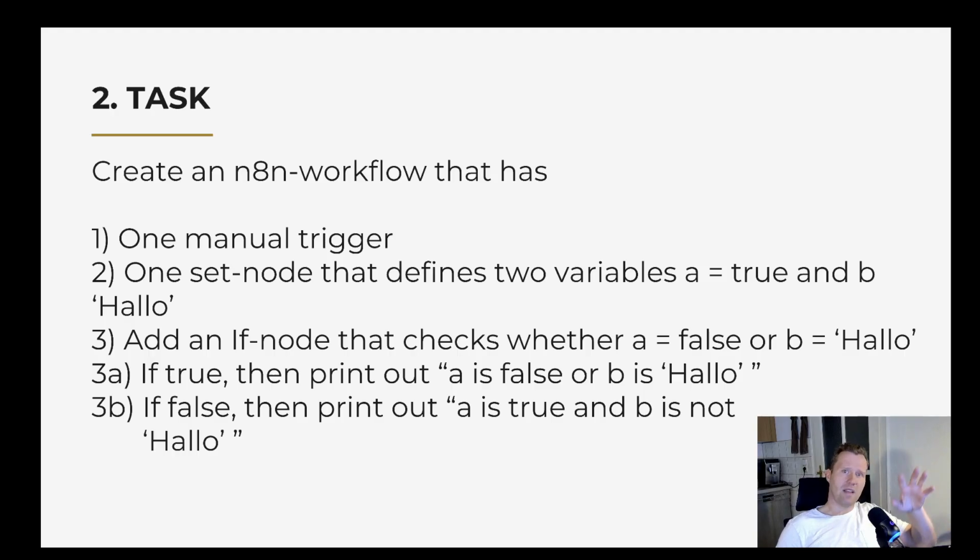If this entire condition is true, print out A is false or B is hello. If not, print out A is true and B is not hello. Have fun solving this task, and you may pause this video now until you're done with your solution, and then we can compare the solutions.